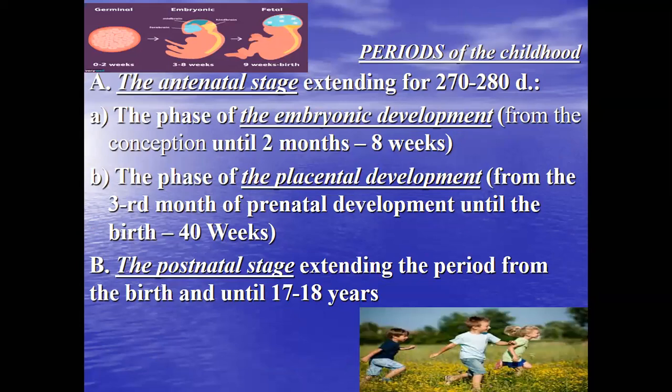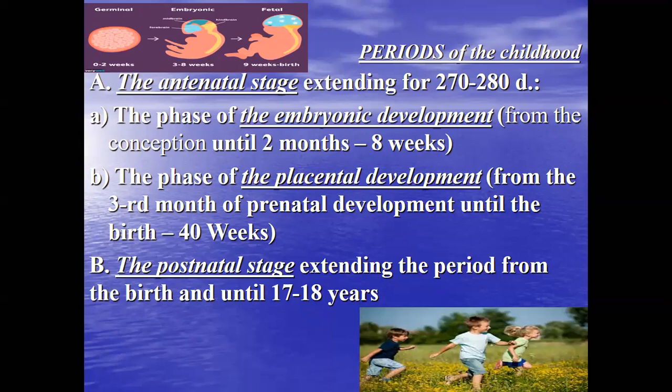And the antenatal stage is also subdivided into two big groups: the phase of the embryonic development from the conception until 2 months or 8 weeks of the pregnancy, and the phase of placenta development from the third month of prenatal development until the birth, so nearby 40 weeks or 9 months.